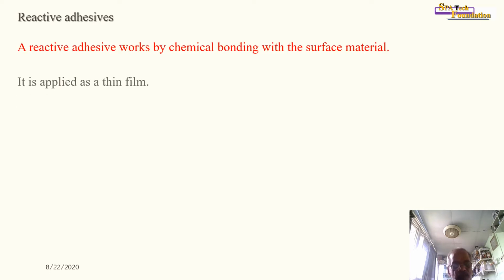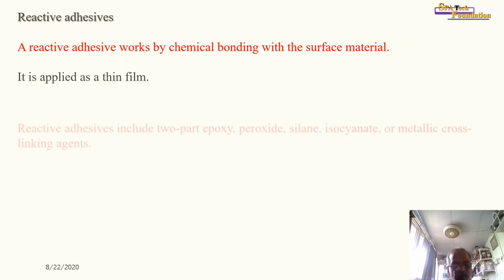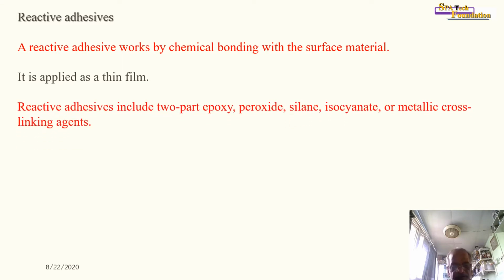Reactive adhesives. A reactive adhesive works by chemical bonding with the surface material. It is applied as a thin film. Reactive adhesives include two-part epoxy, peroxide, anaerobic sealant, isocyanate, or metallic cross-linking agents.